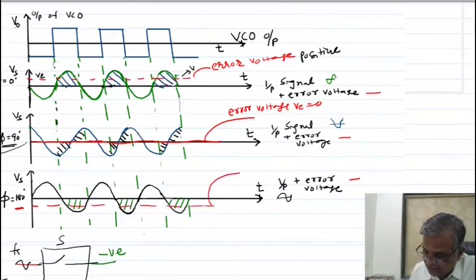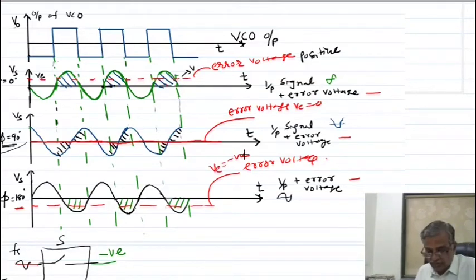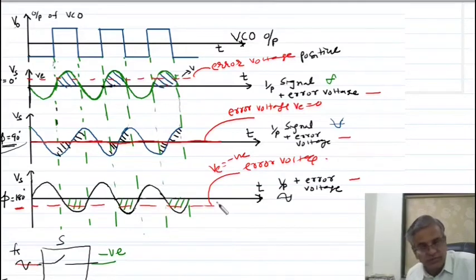So this error voltage is negative. You can say VE is negative. So when there is a 180-degree phase shift between this input signal and this square wave, then the error voltage is negative.